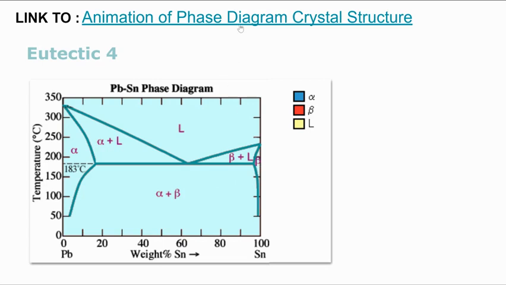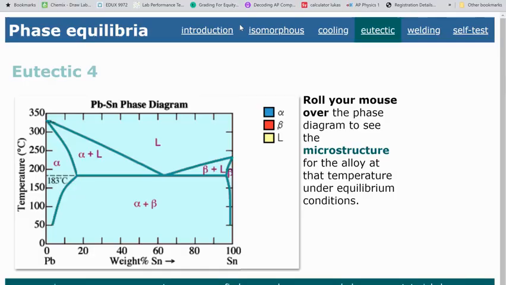All right, let's click into the animation and start to look at the crystal structure that would form in these regions. So right here, we're in the completely liquid zone, where our substance is entirely liquid. So we can see that the crystal structure would be 100% melt and liquid. And if we roll into this section, we should expect solid crystals of alpha plus some liquid melt.